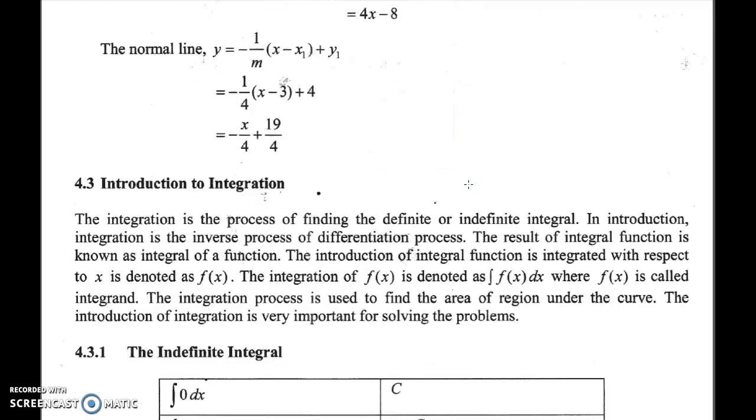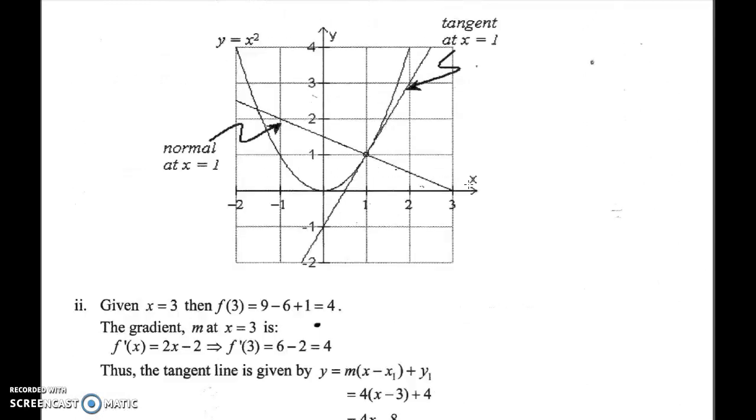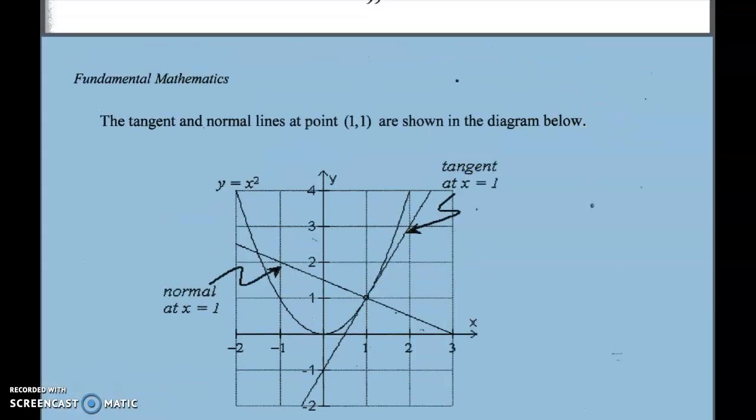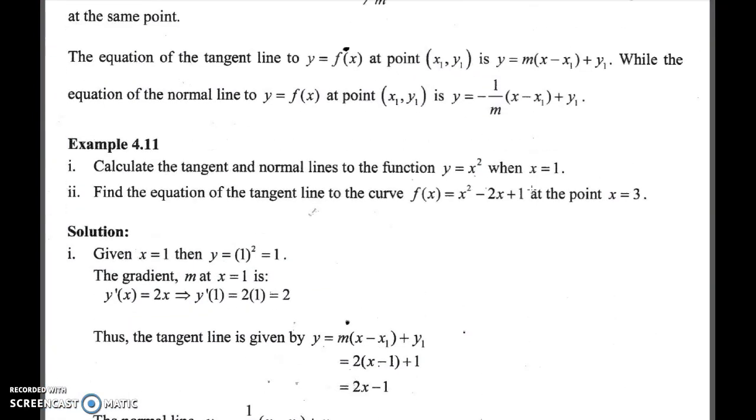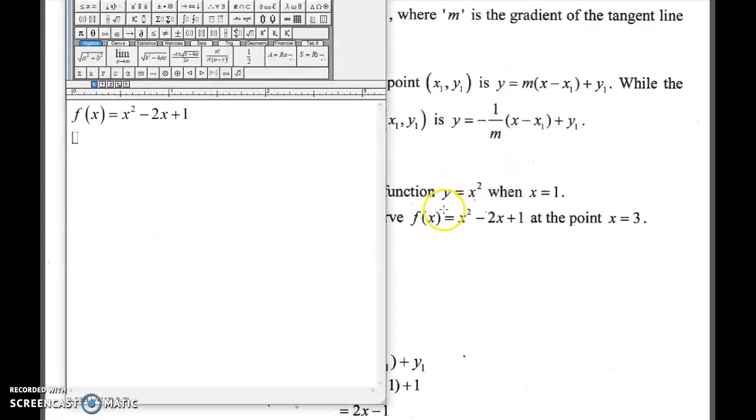So let's do the example here. Let's look at the second question. f(x) equals x squared minus 2x plus 1. That is the function. It is still a quadratic function.